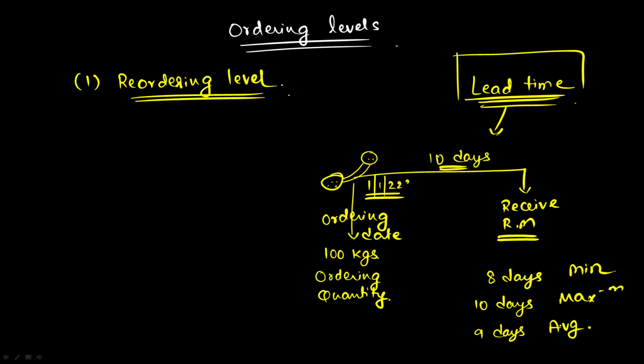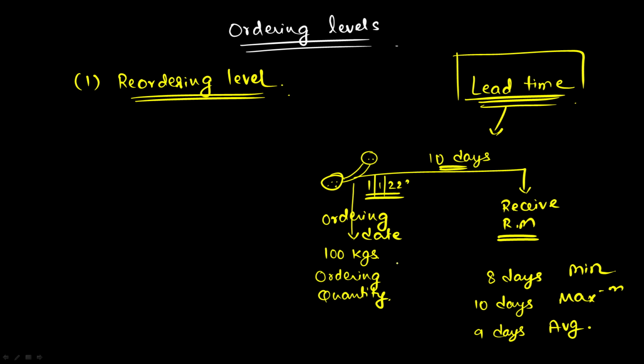Do you understand lead time, right? What is 8 days minimum lead time? It takes minimum 8 days to reach the raw material from the date of order. It takes maximum 10 days and it takes on an average 9 days to reach raw material from the date of order.